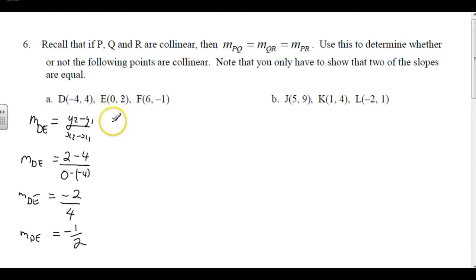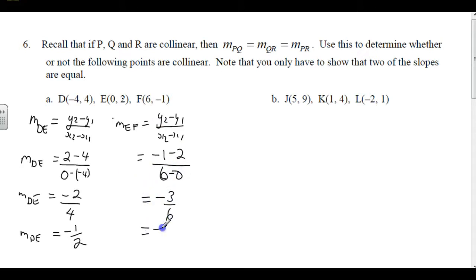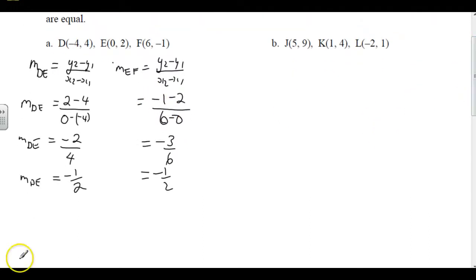Let's do EF: y2 minus y1 over x2 minus x1. So we've got negative 1 minus 2 over 6 minus 0, which is negative 3 over 6, or negative 1/2. So the points are collinear.